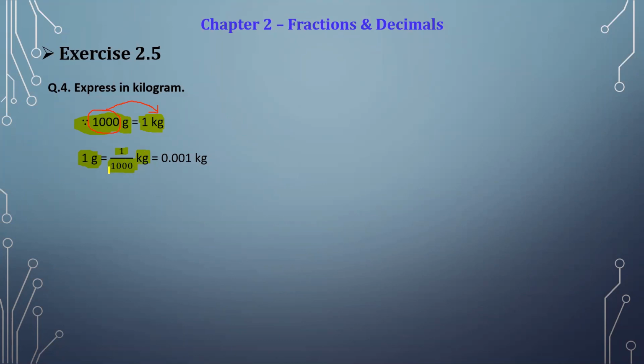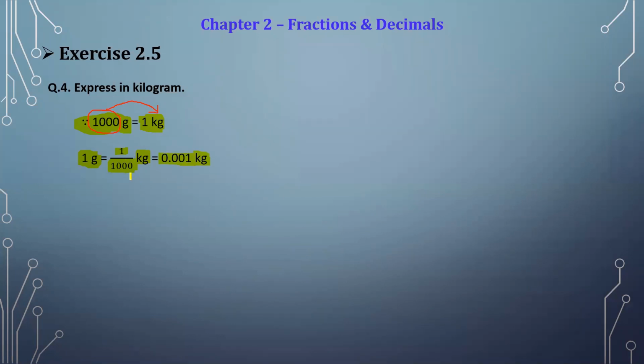So the value of 1 gram is going to be 1 upon 1000 kilogram, or by dividing that we can get the answer 0.001 kilogram. While dividing with 10, 100, 1000, we have to just shift the decimal point to the left side by the number of zeros.